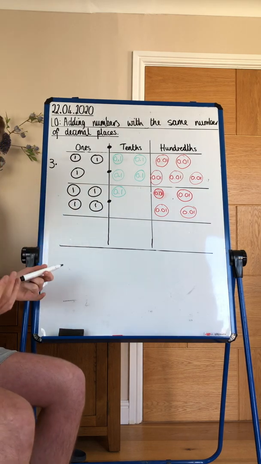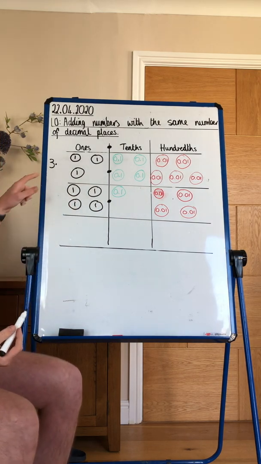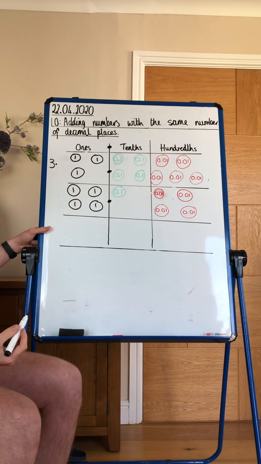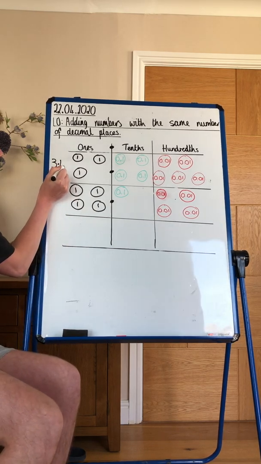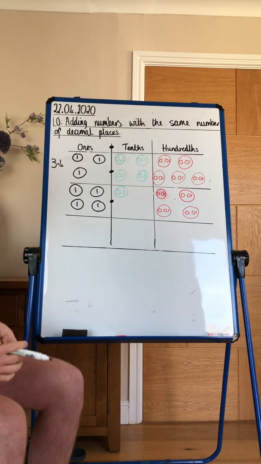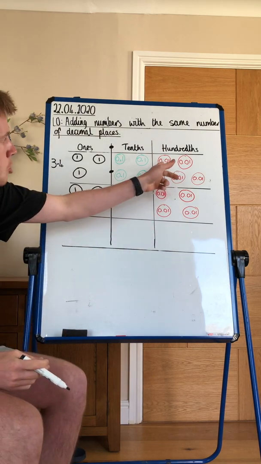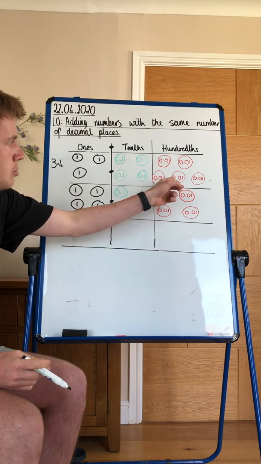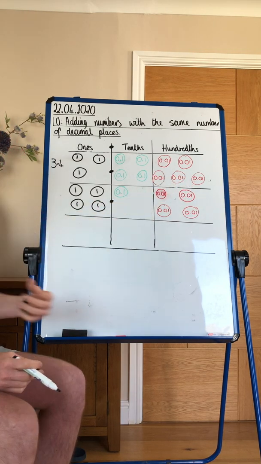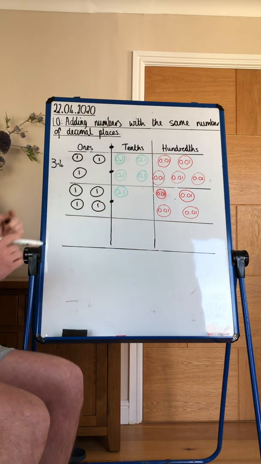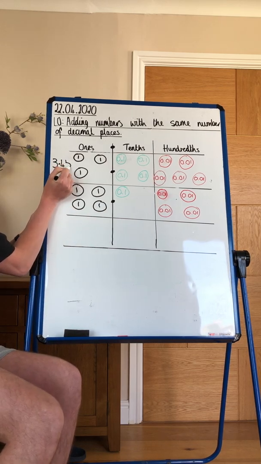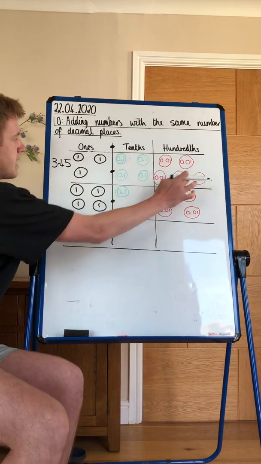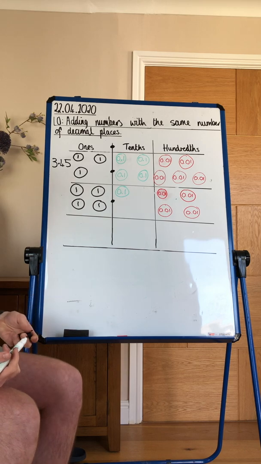So we have 4 tenths. And then in the hundredths column, we have 5 hundredths, okay? So our number in this row here is 3.45.